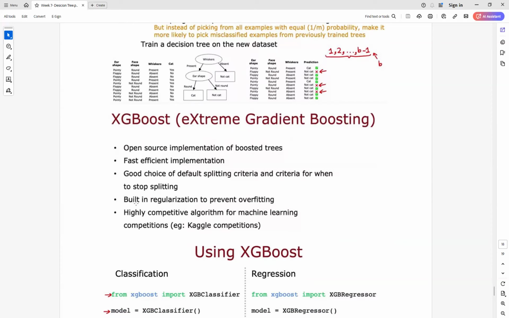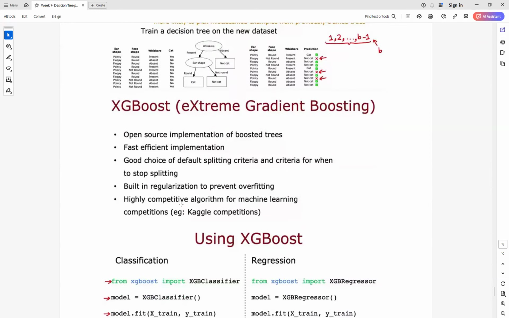This is one of the most important features that XGBoost has, the built-in regularization to prevent the overfitting issue, right? And it is a highly competitive algorithm for machine learning competitions, especially on Kaggle.